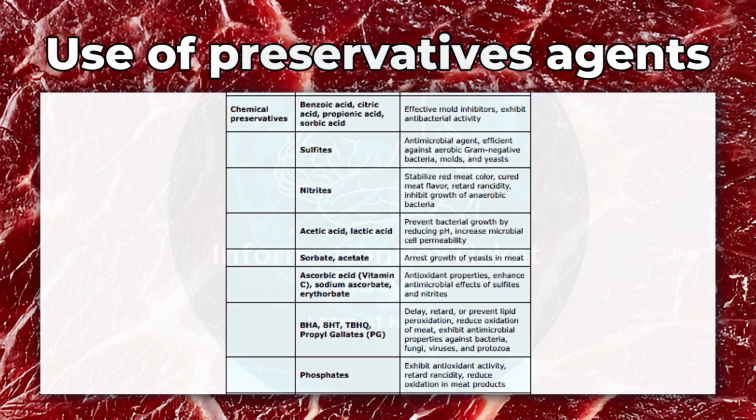BHA, BHT, TBHQ, and propyl gallate, PG, delay, retard, or prevent lipid peroxidation, reduce oxidation of meat and meat products, and exhibit antimicrobial properties against bacteria, fungi, viruses, and protozoa. Phosphates exhibit antioxidant activity, retard rancidity, and reduce oxidation in meat products.